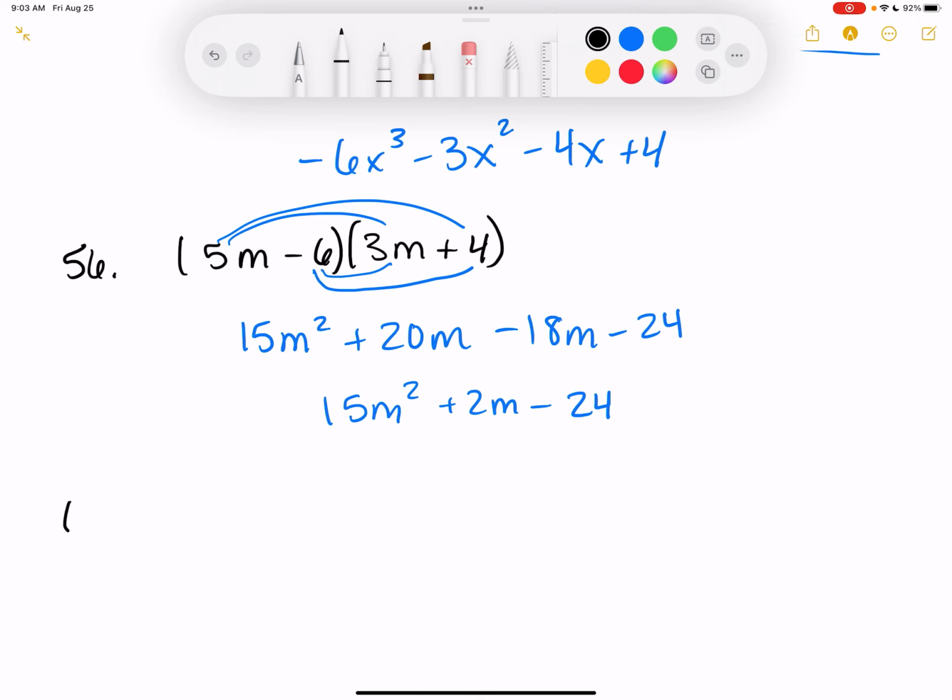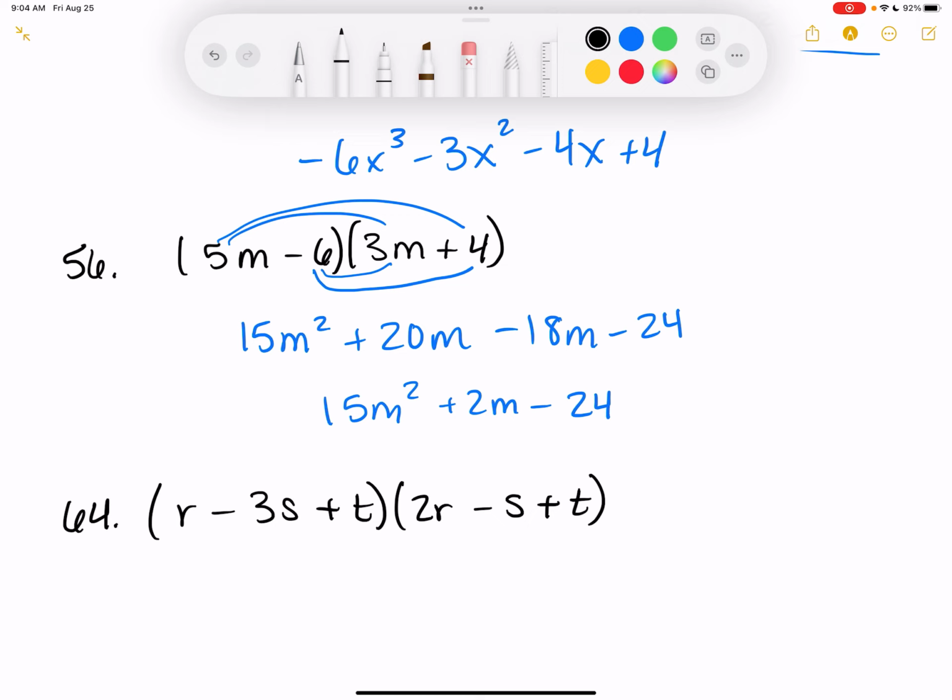Now we're going to have one that I like to call super foiling just because it has 3 terms in each parentheses. So I've got (r minus 3s plus t) times (2r minus s plus t). So I work my way across.